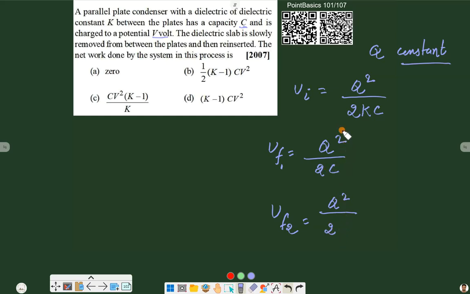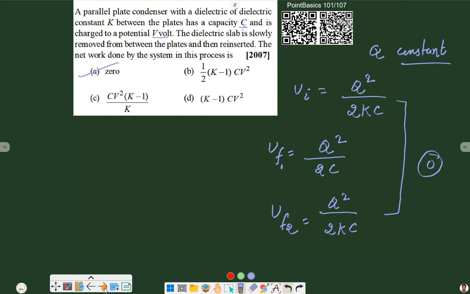When we remove the dielectric, the denominator decreases, and so the final energy increased. Now when we reinserted the slab, the denominator again increases, and again the final energy becomes equal to the initial energy. And if we find the difference between both of these, it is equal to 0. So option A will be the right answer.